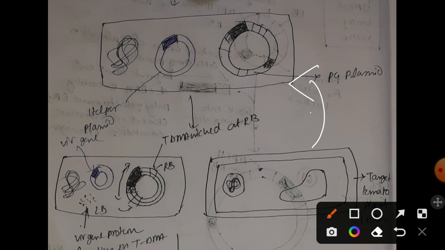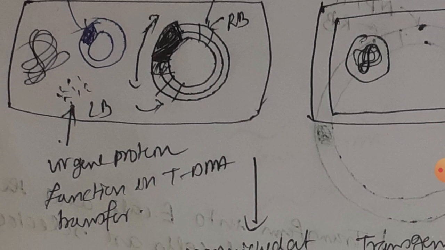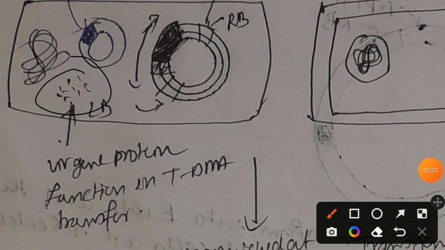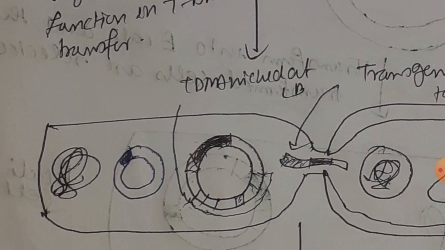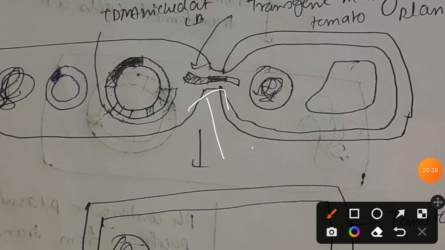This acetosyringone is a phenolic compound which will facilitate the activation of the vir genes. These vir genes will facilitate the production of what? Vir proteins. These Vir proteins are involved in making nicks in the right border and the left border, which will ultimately lead to the formation of a single stranded transgene that will be transferred inside the plant cell and then the plant nucleus.